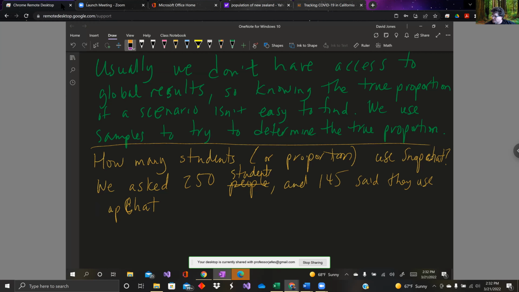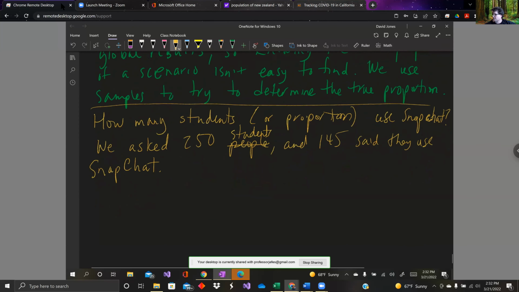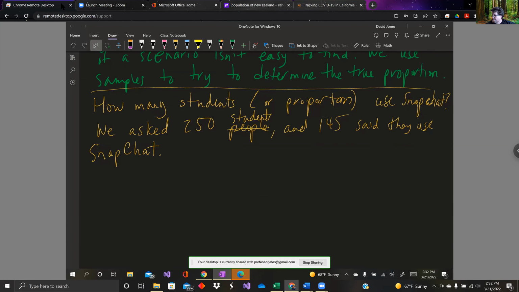So if I do a proportion here, I have 145 users over 250. If you throw that into a calculator, this is 0.58 or 58%.